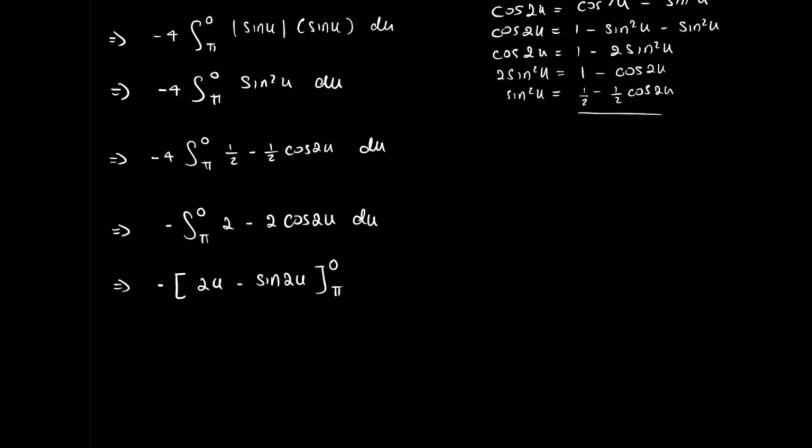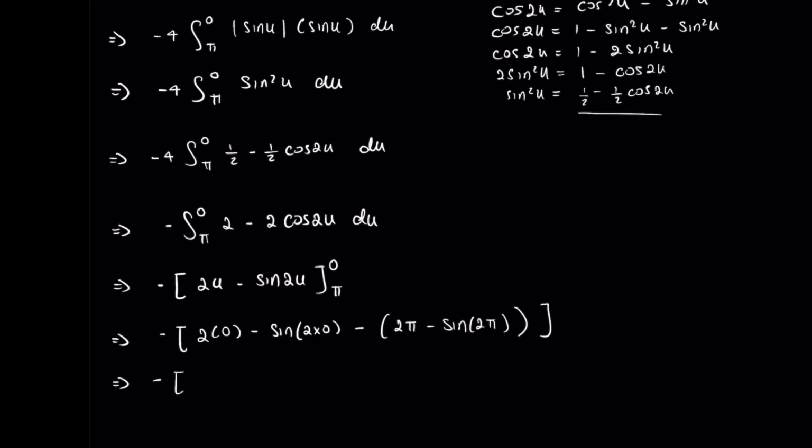Now we just have to simplify. So this will be minus, 2 times 0 minus sine of 2 times 0, minus, 2 times pi minus sine 2 pi. Simplifying again, we get minus, and this will be 0 minus sine 0 minus 2 pi plus sine 2 pi.